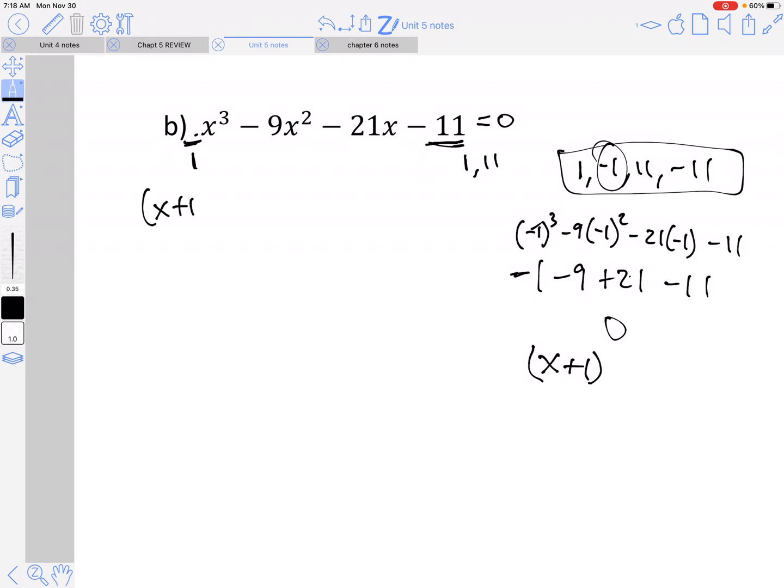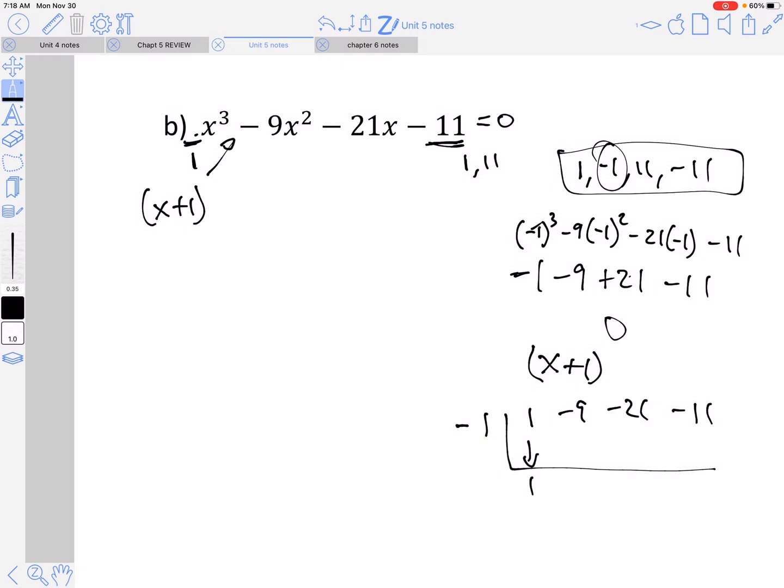So we know x plus 1 is going to multiply by something to create that guy. So what the heck does it multiply by? I don't know, right? No clue, honestly. But I do know that if we divide something, that's going to tell us what we multiplied by, right? So I'm going to go back to that -1, and I'm going to use synthetic division. 1, -9, -21, -11.